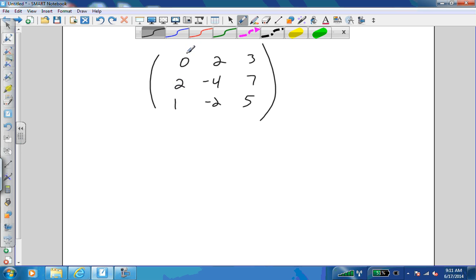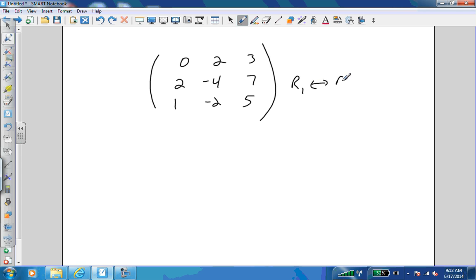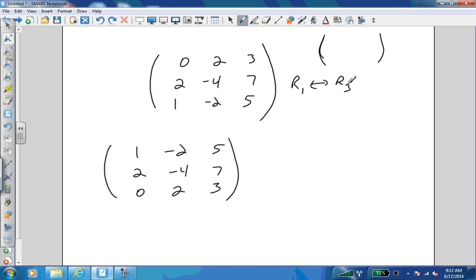Let's put this as our first row, so let's swap row 1 and row 3. If we do that, we get this. Right now we're leaving the second row where it is, and the third row becomes this. So our elementary matrix that does that permutation, we swapped row 1 and row 3, so row 1 would come here, row 3 here, and we left row 2.